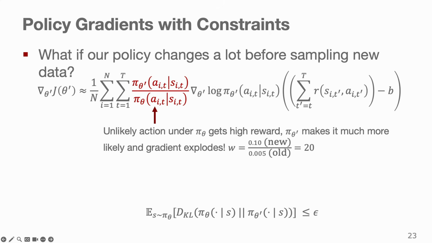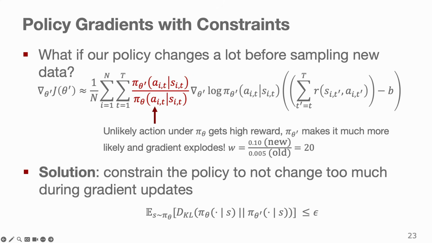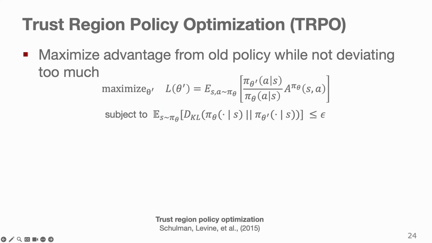Because the old policy data is our ground truth data. That ensures that we have support for the new policy's actions. And this is essentially what the algorithm called Trust Region Policy Optimization, TRPO, implemented in 2015. Essentially we're maximizing our policy gradient formulation we derived before, subject to the KL divergence constraint, right?